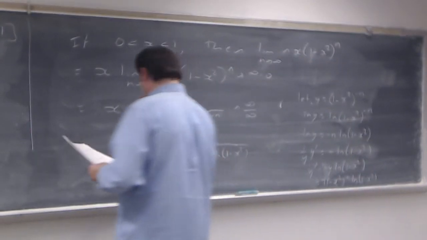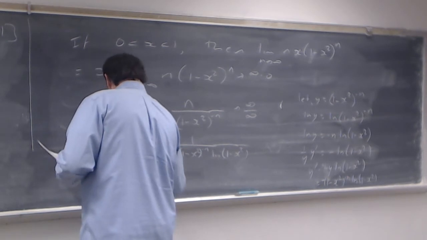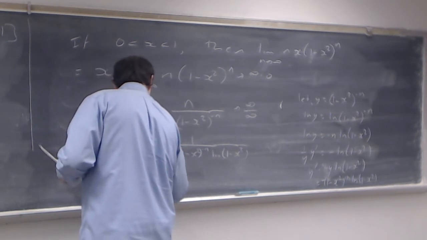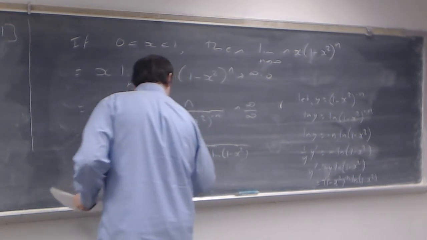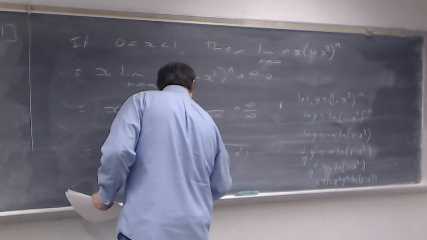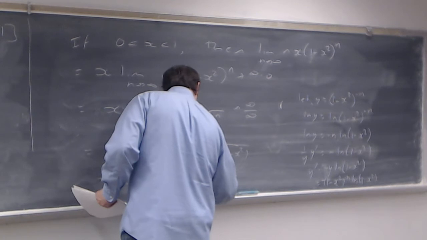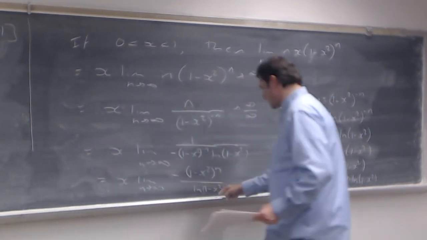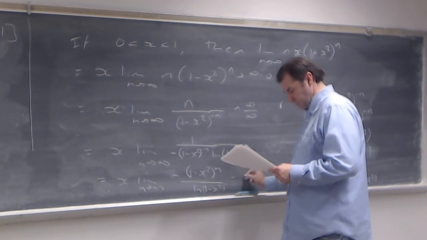And that's equal to x times the limit as n goes to infinity of, this can be rewritten as minus, pull the minus to the top, (1 minus x squared) to the n over ln of (1 minus x squared). Now this denominator is just some number. As n goes to infinity, this is going to go to 0.